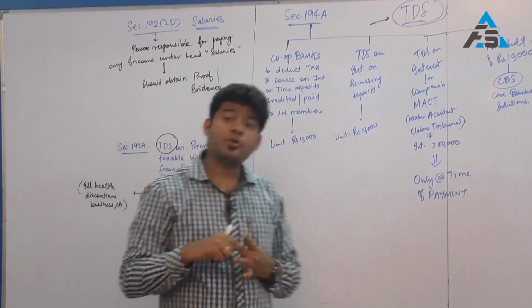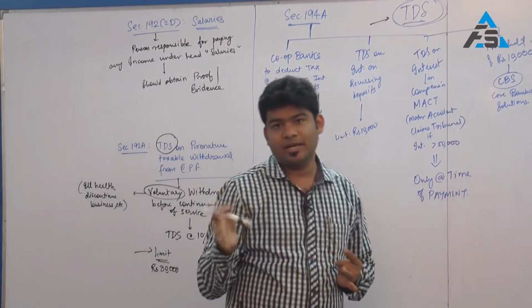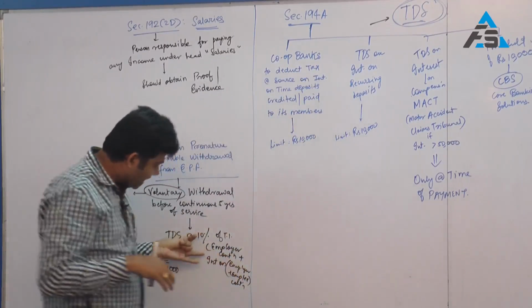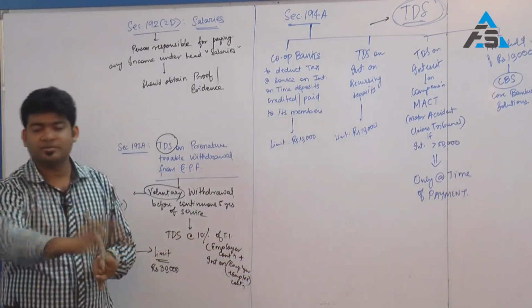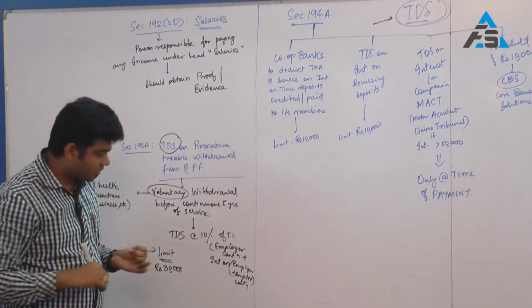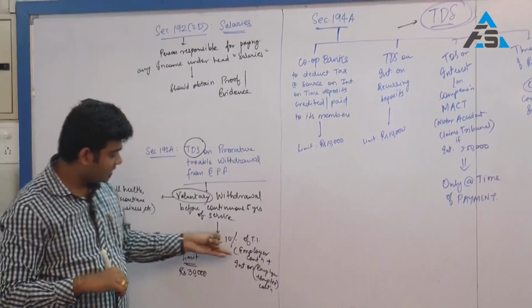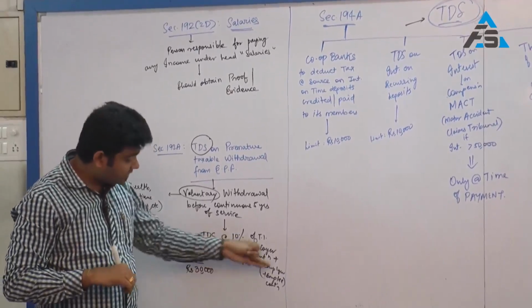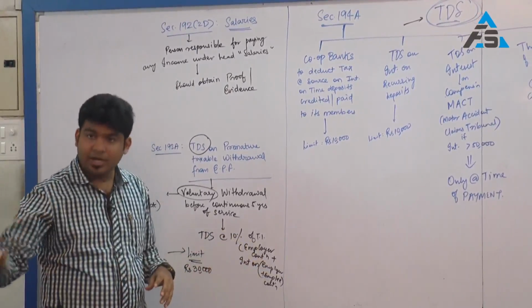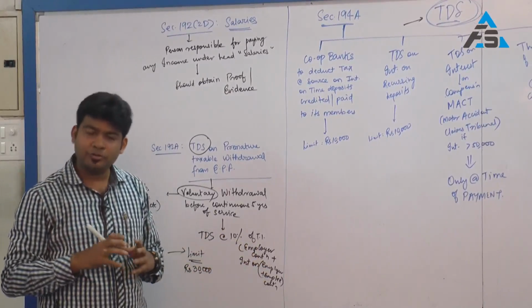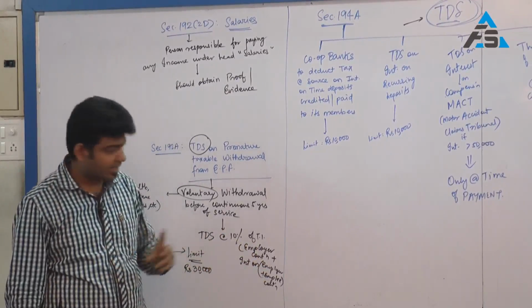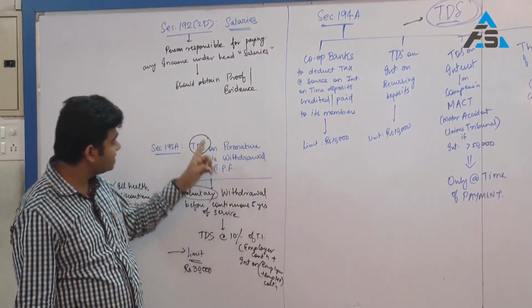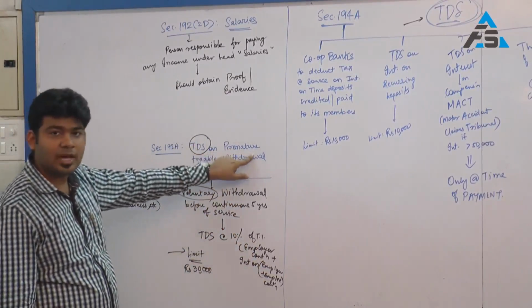In case of employee contribution, it will not be liable, because it's a post-tax figure. So I will not pay tax on something on which I have already taken care of in my previous years' assessments. Interest on employer and employee contribution is again an additional thing that I am going to get, so that will also be liable to tax, and in all such cases TDS now becomes applicable.